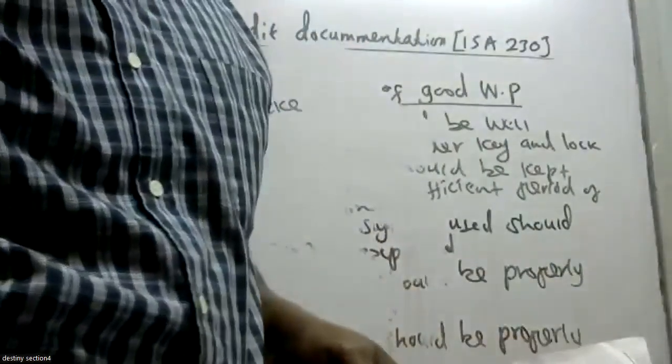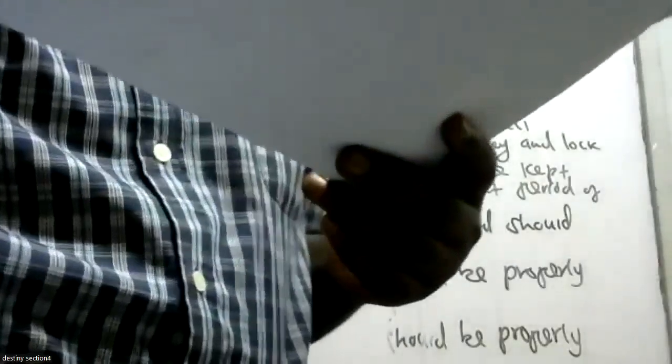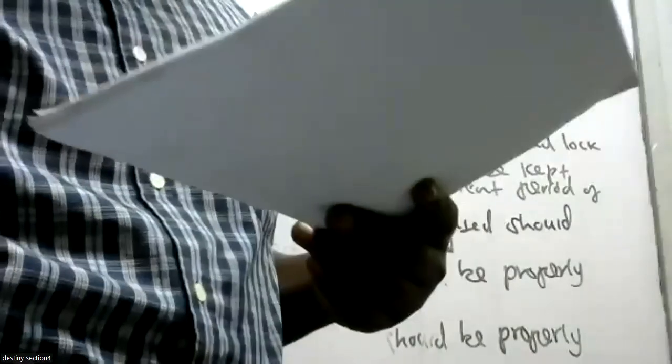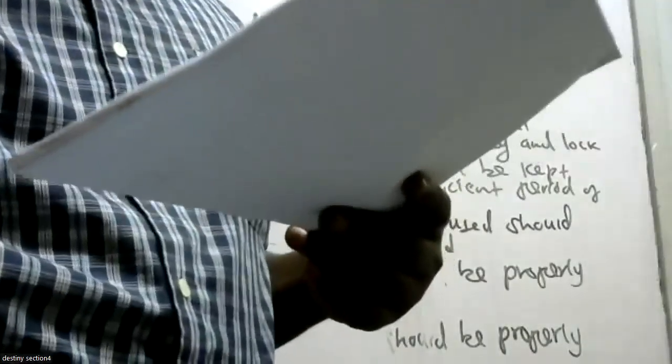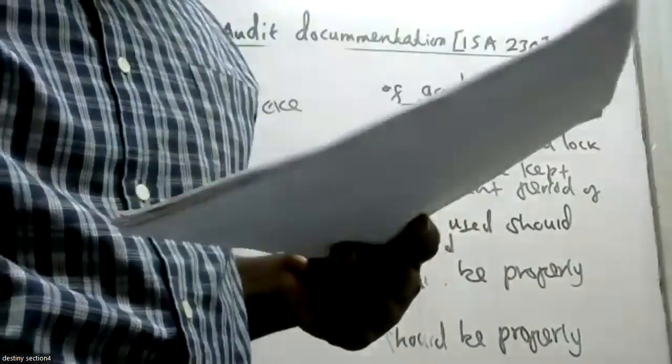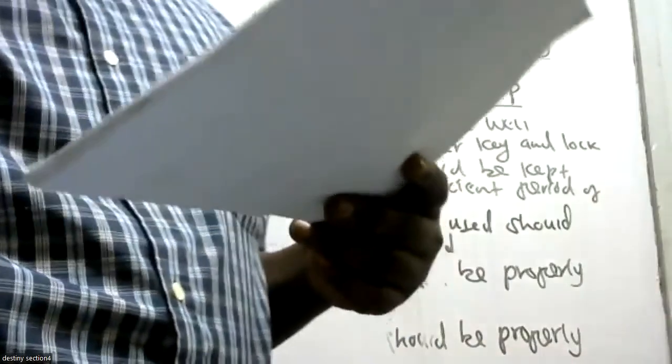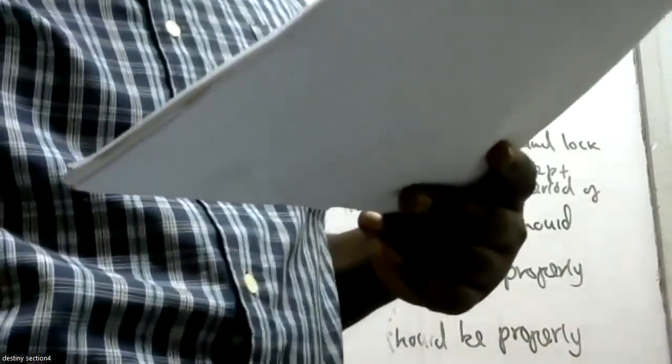Number one is the proper definition of the internet and mobile banking application, the problem definition.